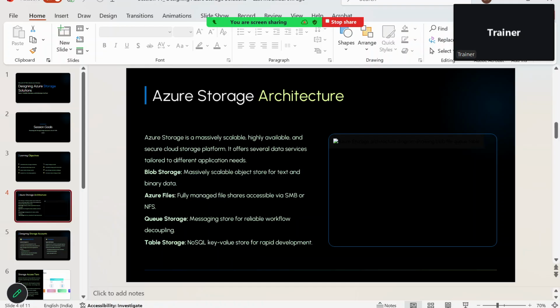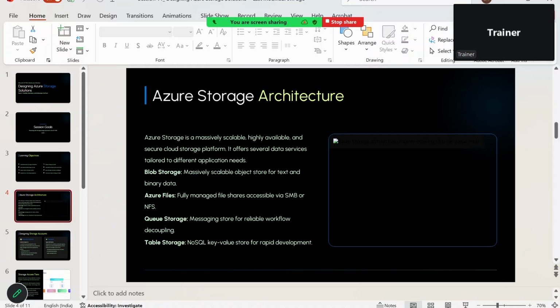To simplify, Azure Storage is a Microsoft cloud storage platform. It provides highly available, durable, scalable, and secure storage for virtually any workload. Think of Azure Storage as the enterprise data foundation for Azure applications.